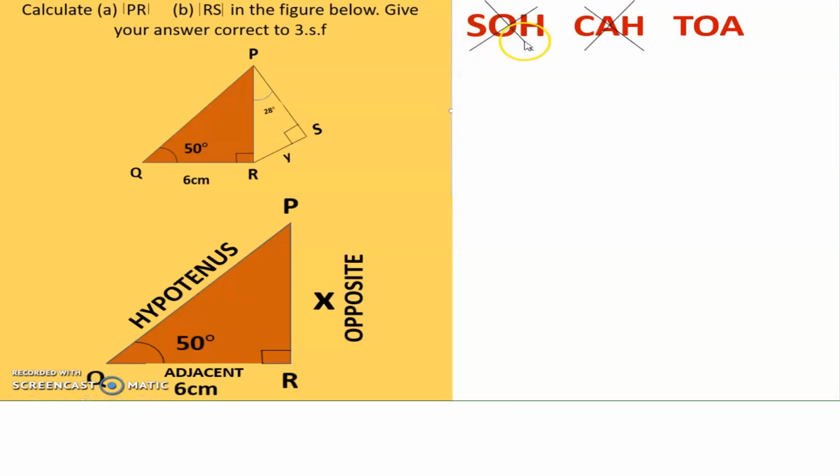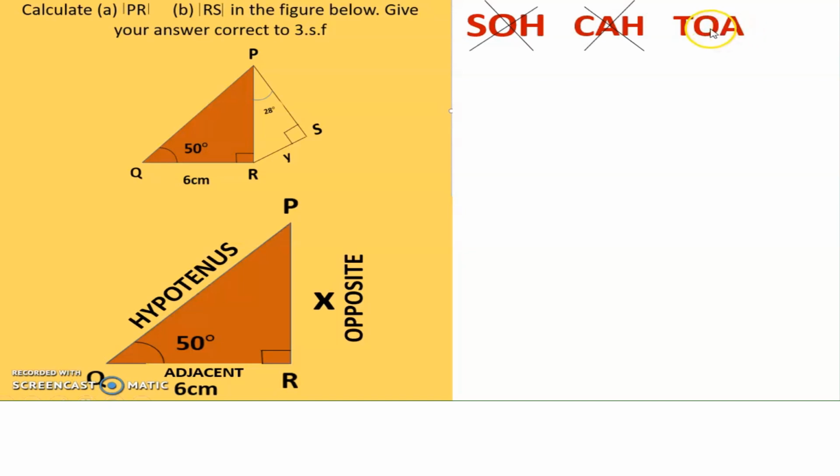Remember, I told you that you can only use an acronym if and only if 2 out of 3 of the parameters are known. We don't know opposite, we don't know hypotenuse, so we cannot use this. There is no opposite here since we are asked to look for x and x is our opposite, so we cannot also use car. So automatically what we are going to use is the toa, which is the tan, opposite and adjacent.